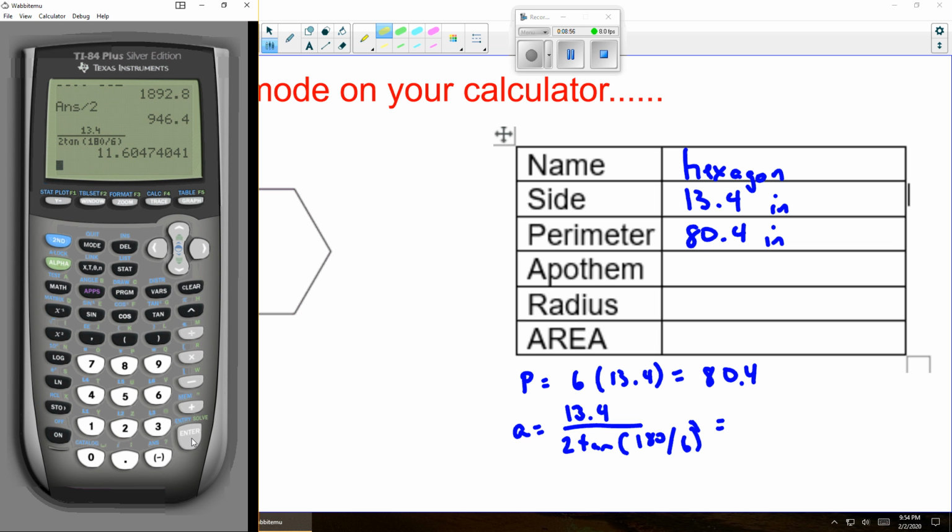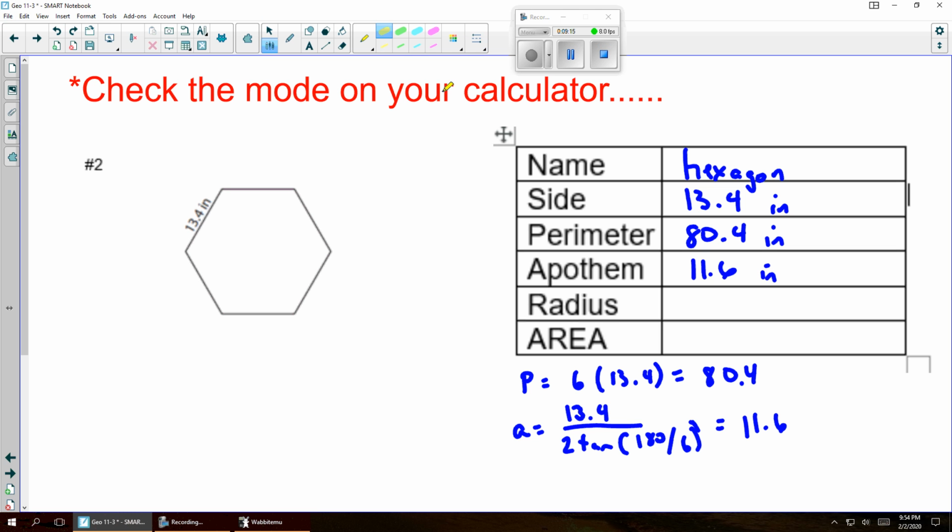11.6. Again, the units there are the same as the units of the problem, so that's inches. Remember to find the radius. To find the radius, I've got an apothem that goes like this.